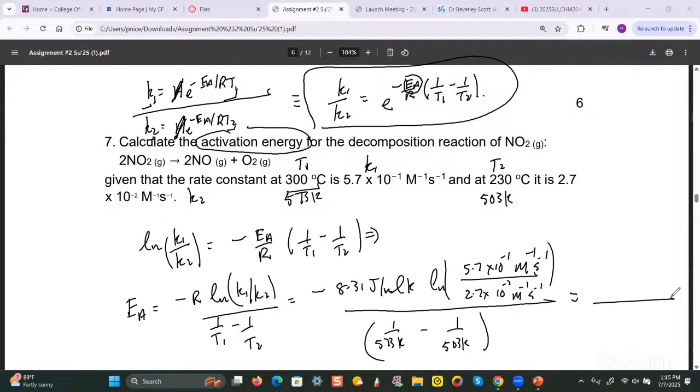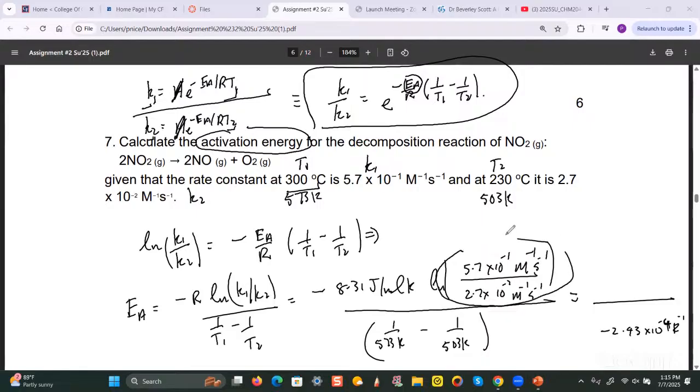So 1 over 573 minus 1 over 503. Okay, so this part I got minus 2.43 times 10 to the minus 4. Again, please correct me if I'm wrong, but that's what I got for the bottom part, right? K to the minus 1. Now for the top part, I'm going to do this part here.